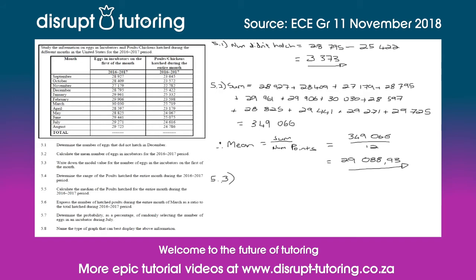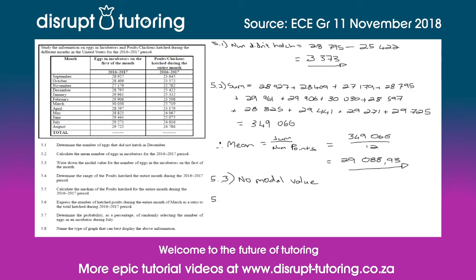It says for the first month, I assume they're meaning September, but just in general, you can see that none of these numbers actually repeat themselves, so there actually is no modal number. So the answer here is that there is no modal value. It's a little bit of a trick question.